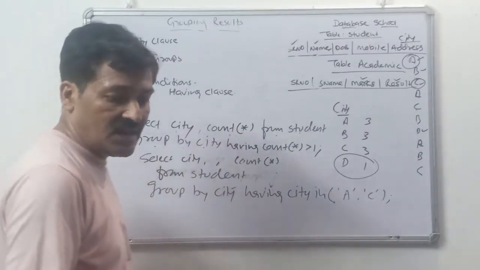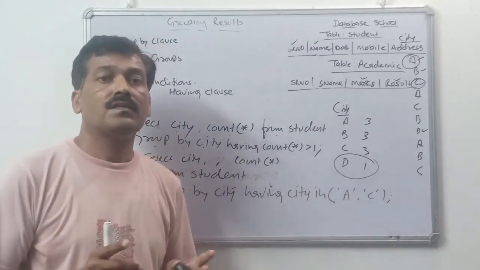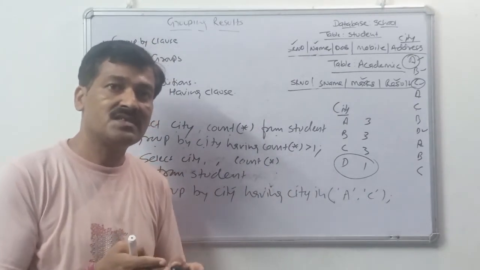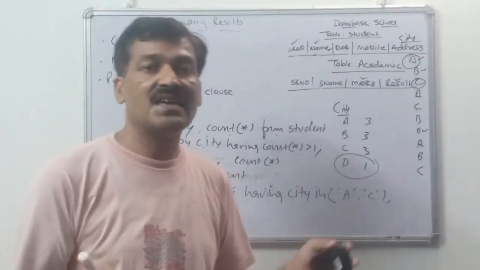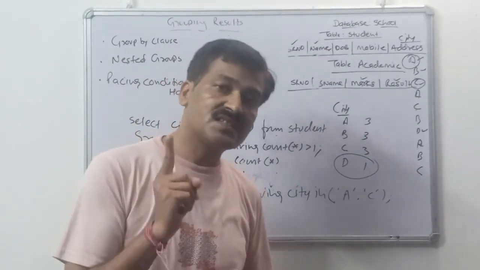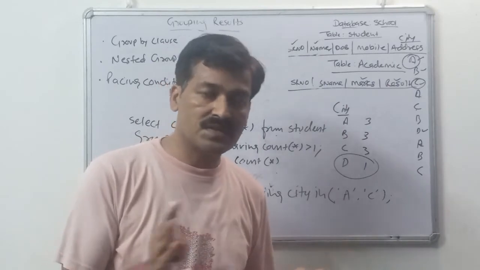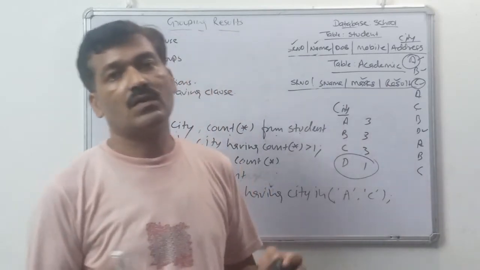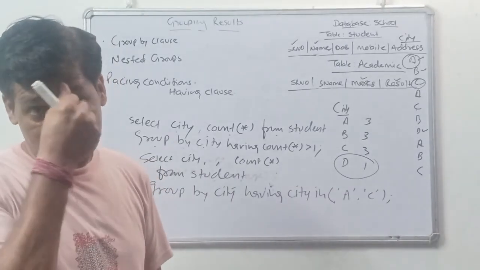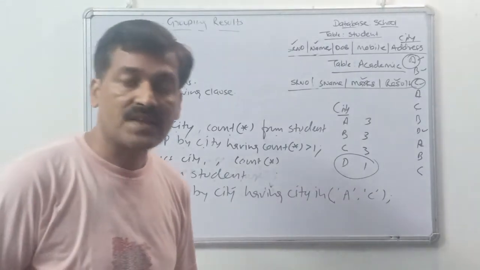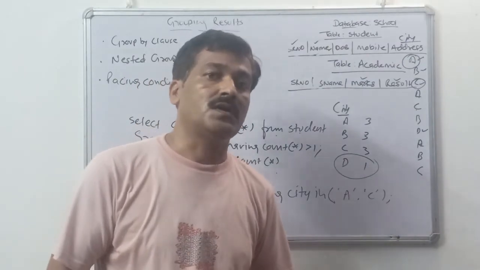So group by is used to group the results. Grouping means identical values are treated as one value in a single column. I am not talking about multiple columns. If values are identical across more than one column, a group is not created. A group is created for the same column, identical values from the same column.